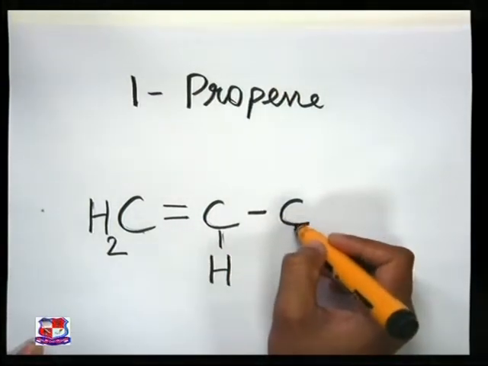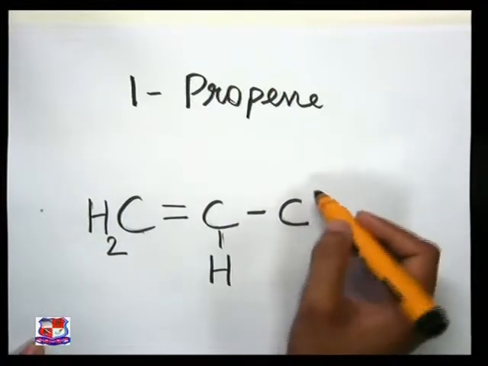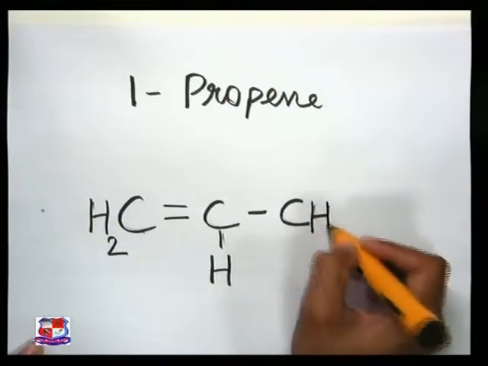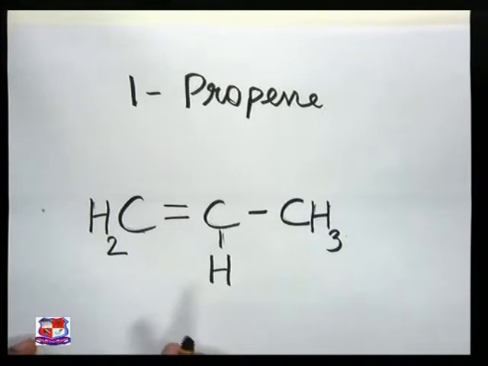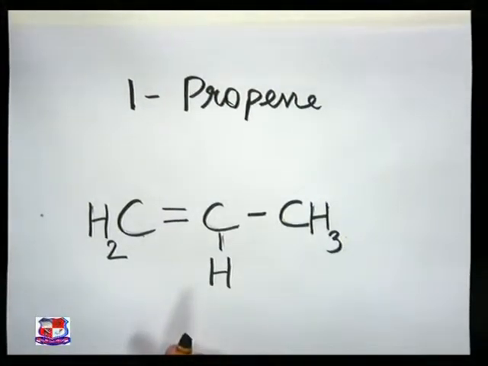Look at the last carbon: only 1 valency is satisfied, 3 remaining, so that is compensated by 3 hydrogens. This is how you construct the 1-propene molecule, and so on. You can define different types of polymers on the basis of the alkane and alkene concepts, and with that we have to remember the carbon numbers and the names given according to the carbon number.